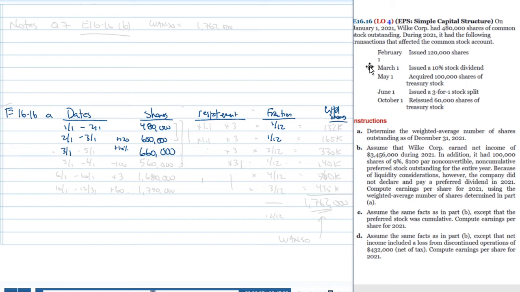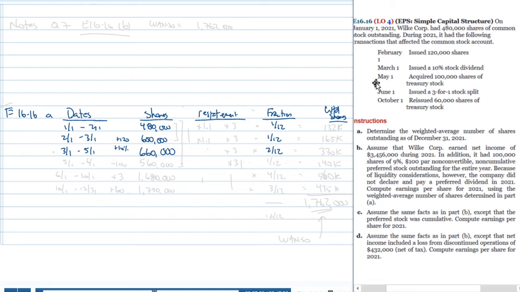All of these shares got shrunk a little bit, so the total number of them that controls the company has gone up by 10%, so each share is about 10% smaller than it used to be. And so we've got 660,000 shares now. And that lasts until May 1st, so March and April, so that's 2/12.